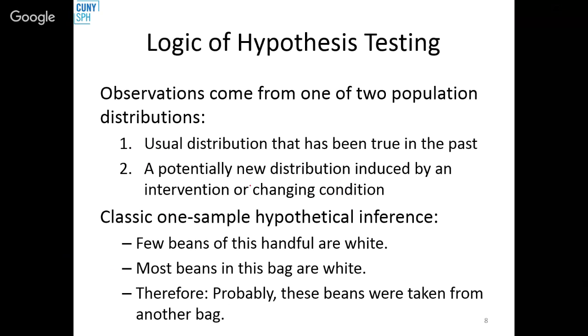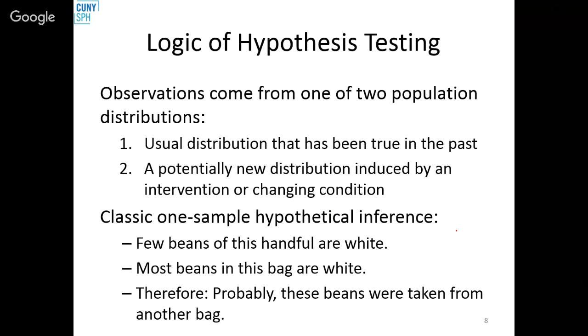To put this in a simple probability language, the analogy in terms of beans could be that I have a handful of beans and only a few of them are white. I have a bag of beans and most of them are white.